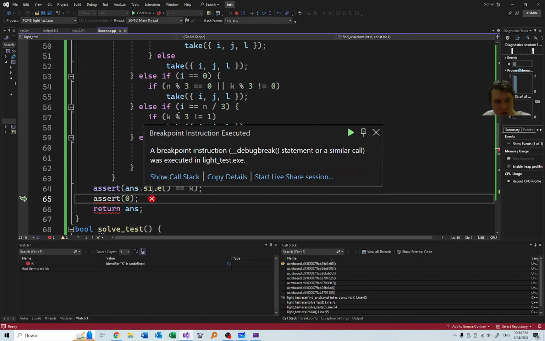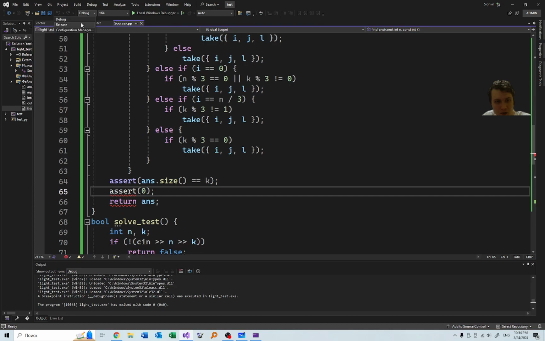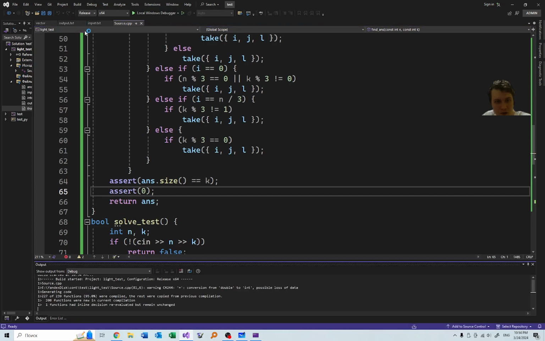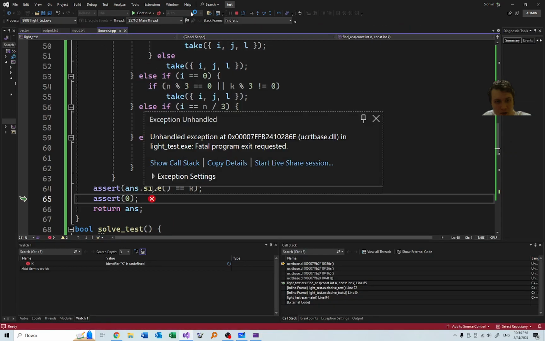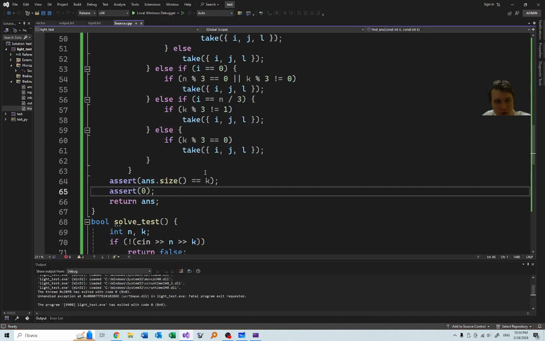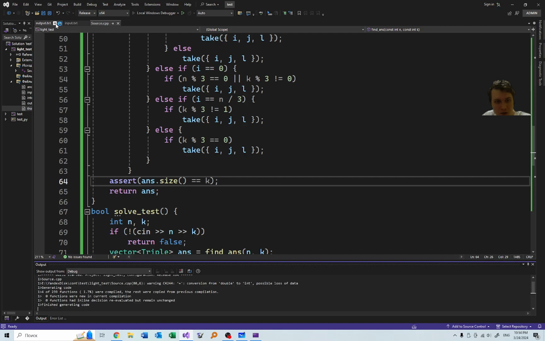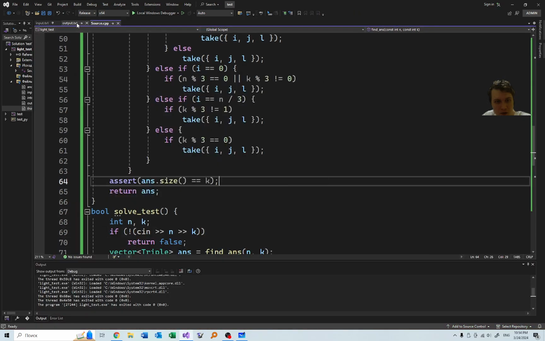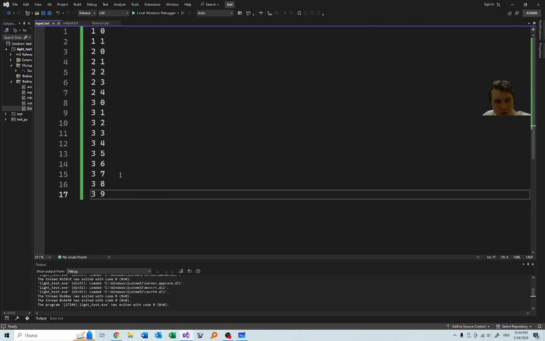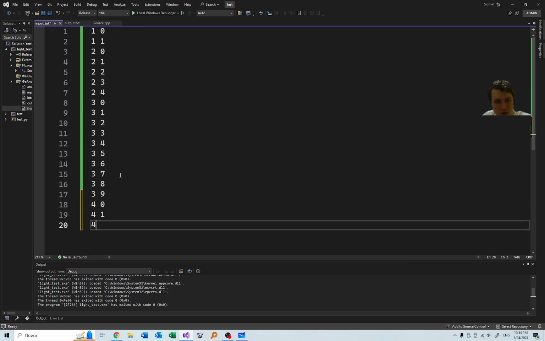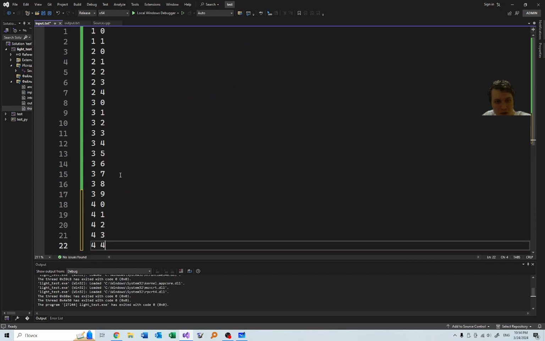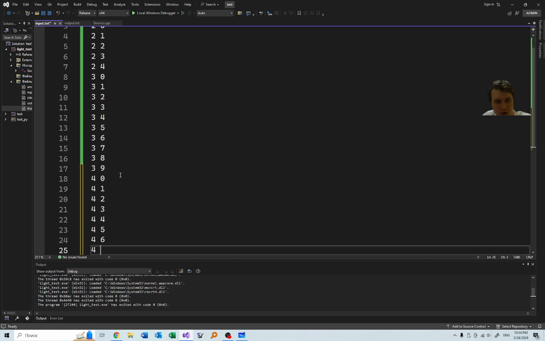Yeah, this assertion failed. And will it fail in release? You see, in release it also happens. But here it did not happen. Let's also look at this.